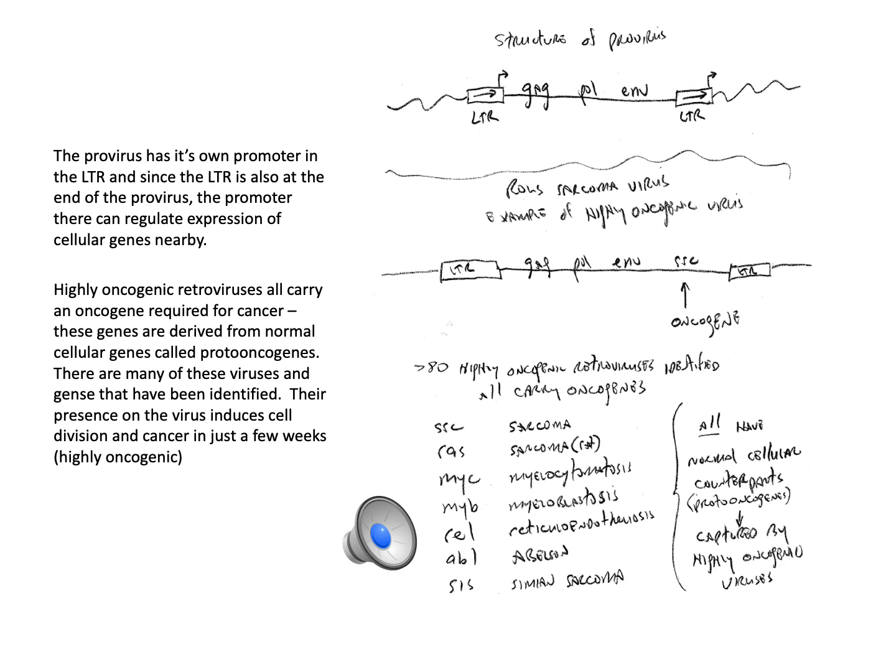Now, since that time, there have been maybe 80 or 90 different highly oncogenic retroviruses identified. There have been viruses identified that cause different kinds of tumors in chickens, in birds, in mice, in rats, in monkeys. As far as I'm aware, there's never been a highly oncogenic retrovirus identified in people.